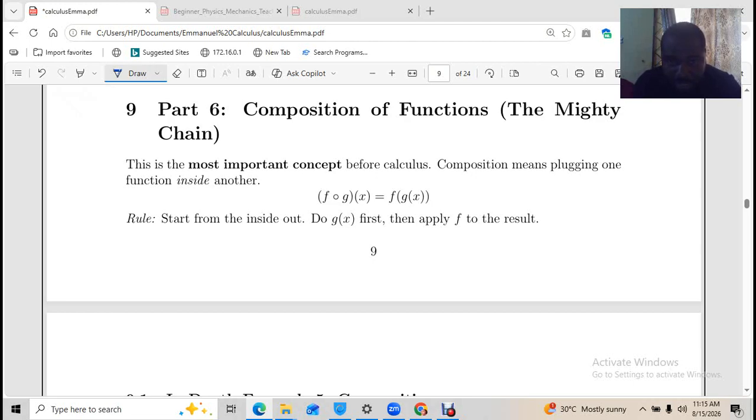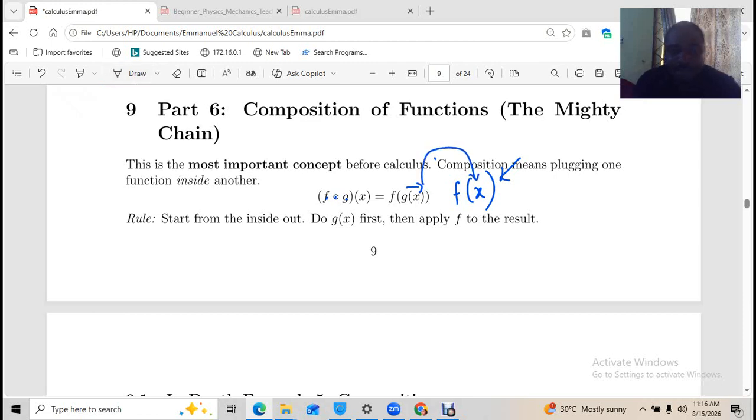So we pronounce it f of g of x. In your normal f of x, anywhere you see x, you now substitute g of x. You pick the whole expression in g of x and substitute it inside. As simple as that.